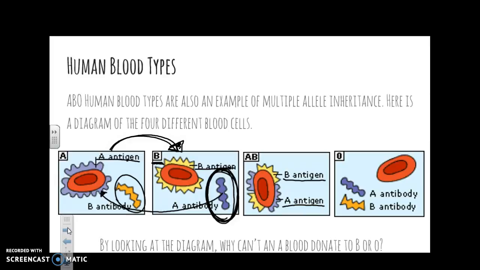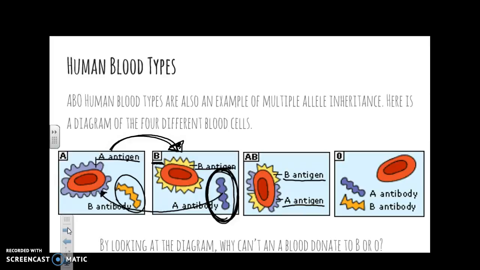So when they started doing blood transfusions and some of them worked and some of them didn't, it was because sometimes they would donate to somebody who was compatible with their blood type, and sometimes they would donate to somebody who wasn't compatible with their blood type.